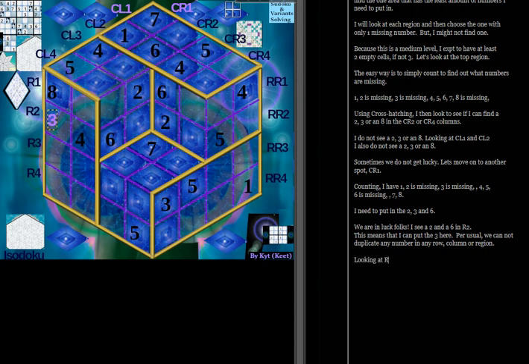Looking at R3 and R4, I spot a 3 in R3, so I know I can put the 6 here and see in column right 1 and row 3.